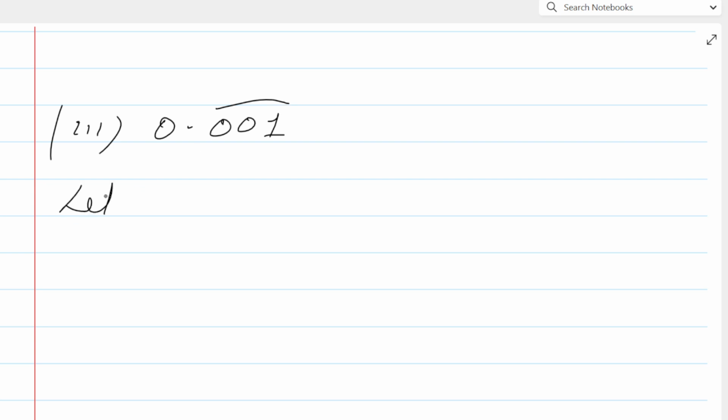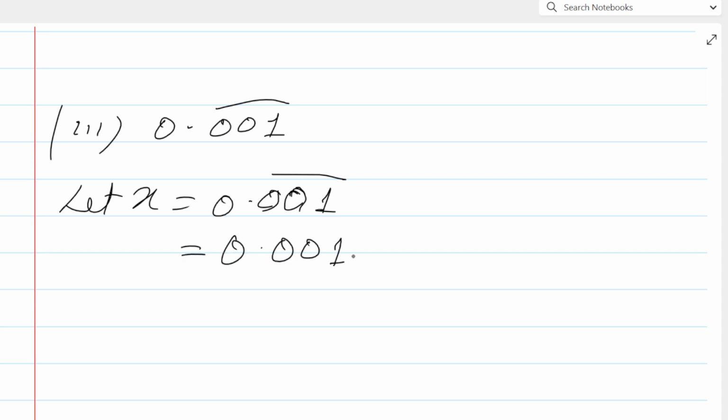So let x equal 0.001 bar. That means 0.001001001..., it keeps on repeating.